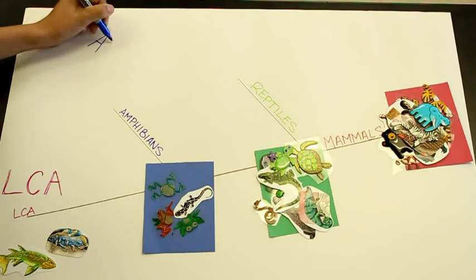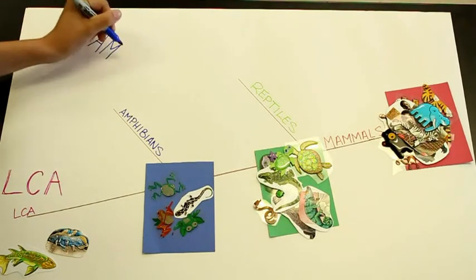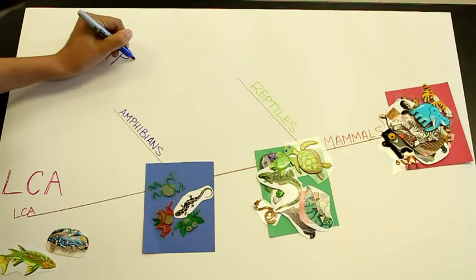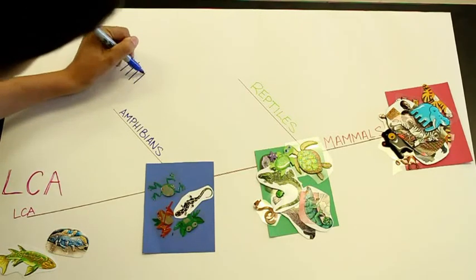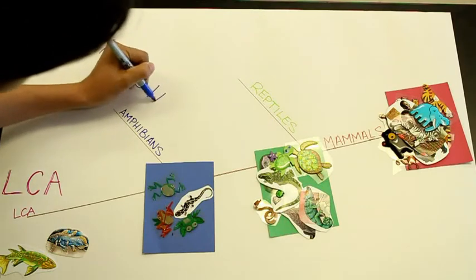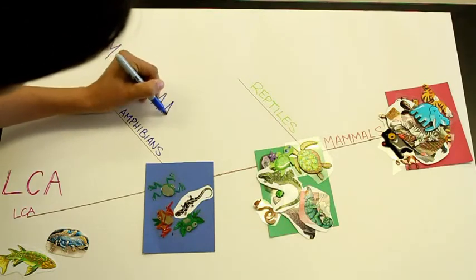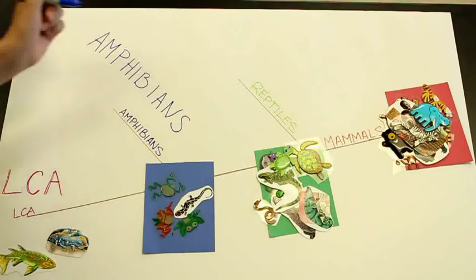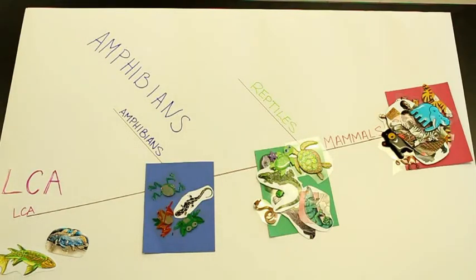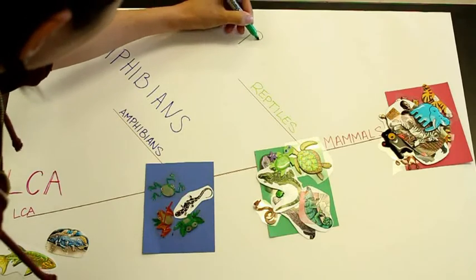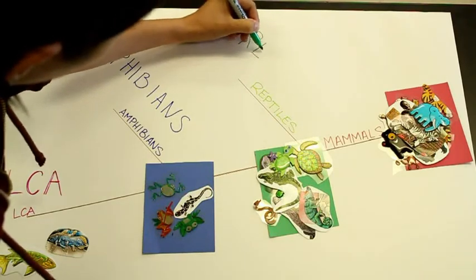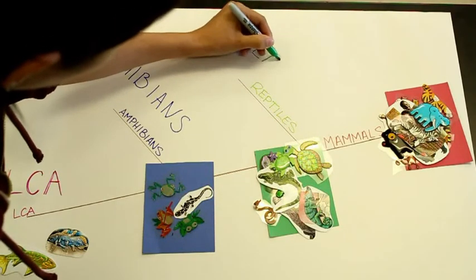The amphibians are less complex since they need to return to water, so they go in the first group. Next come the reptiles. The reptiles are an advancement over the amphibians because they can lay eggs on dry land. So they'll go in the second group. The mammals are the presently most advanced, since they are big-brained and endothermic, also known as warm-blooded.